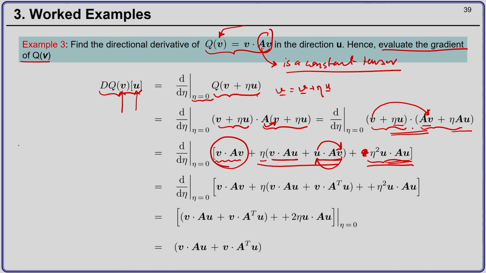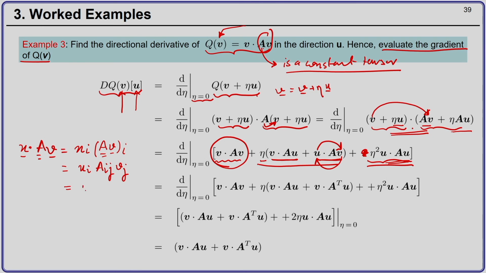So, how I have written u dot A v: in index notation, this is u_i and (A v)_i, because A is a tensor. So, u_i A_ij v_j.